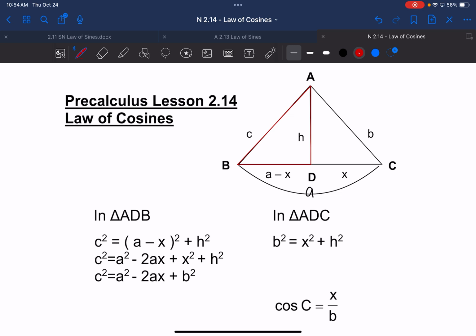It says that they've got c squared equals (a minus x) squared plus h squared. So that looks like Pythagorean theorem, right? Okay, C is this side over here between B and A, which would be our hypotenuse, right? Because this would be the 90-degree angle. Okay, so this is our hypotenuse, which would make H and this piece my A and my B.